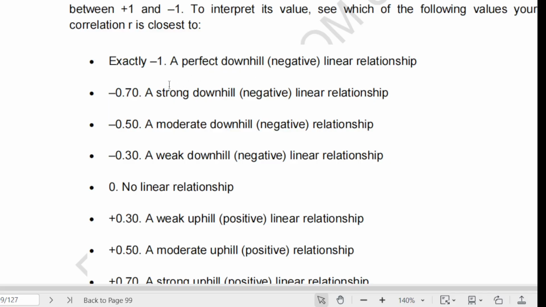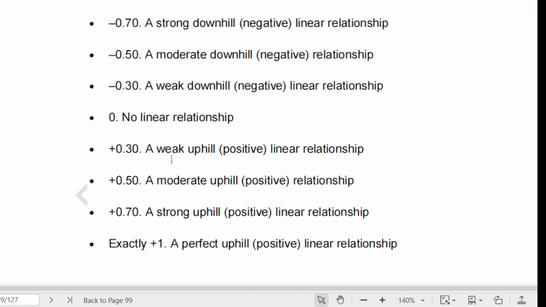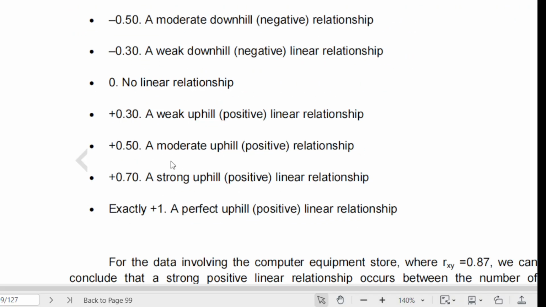Negative 0.7 is a strong downhill negative relationship. Negative 0.5 is a moderate downhill. Negative 0.3 is a weak downhill. 0 is no linear relationship. Positive 0.3 is a weak uphill. Positive 0.5 is a moderate uphill. Positive 0.7 is a strong uphill. Exactly positive 1 is a perfect uphill linear relationship.